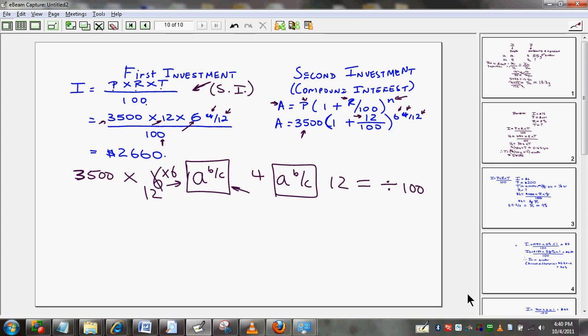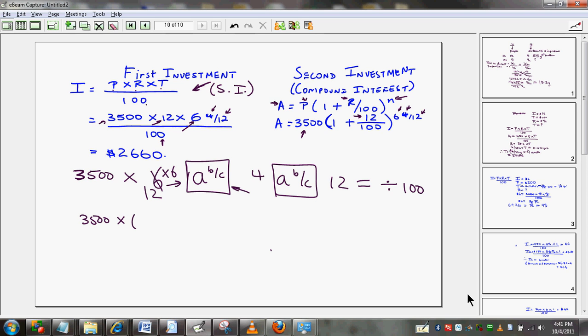Now how do you actually type that into your calculator? Well, it's not a problem. You type in your 3,500 multiply by open brackets, and then before we work that out, what is 1 plus 12 over 100? If we work that out, it will be 1 plus 0.12.